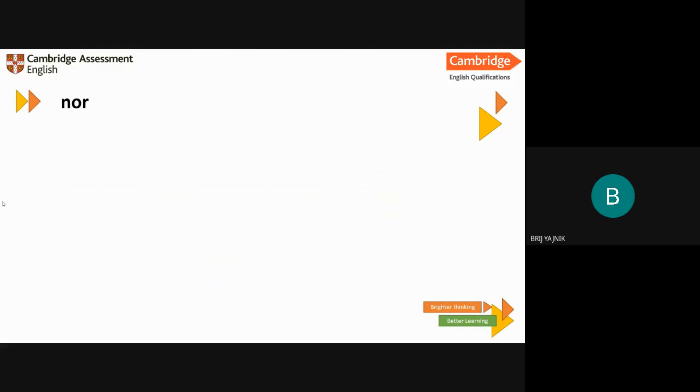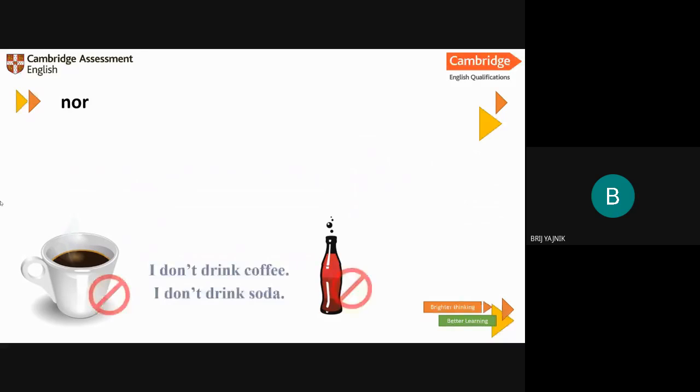And the last one, nor, but I think the most difficult one is this, because you will understand it very soon. Nor is a word that we generally use to talk about two negative things. Look at the two negative things. Now, this is separate. I have not right now added the sentence. So I don't drink coffee and I don't drink soda are the two ideas I want to connect.